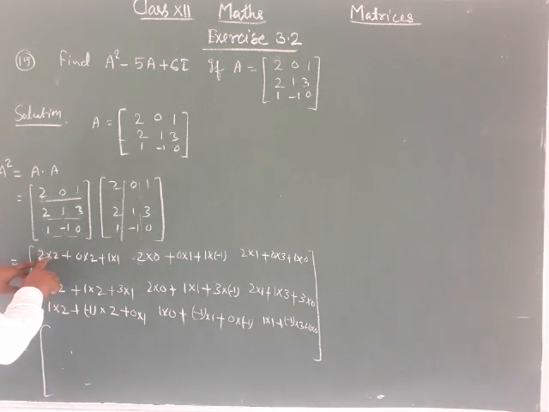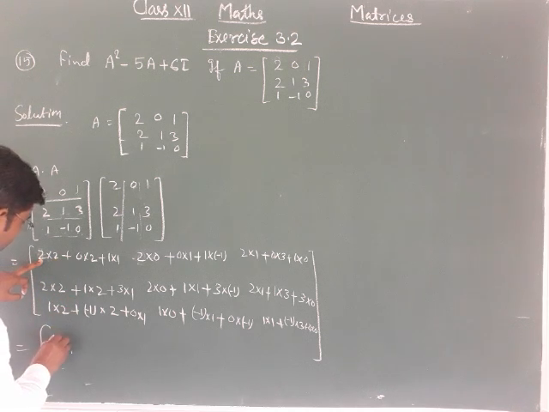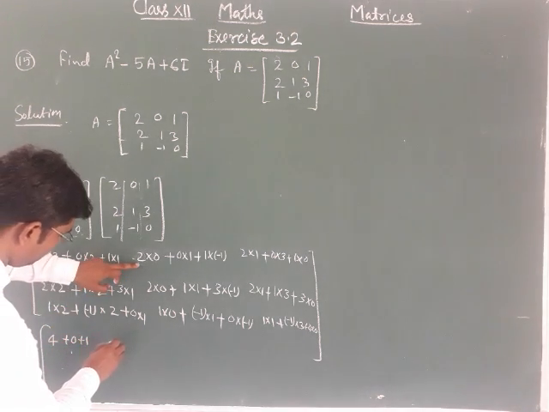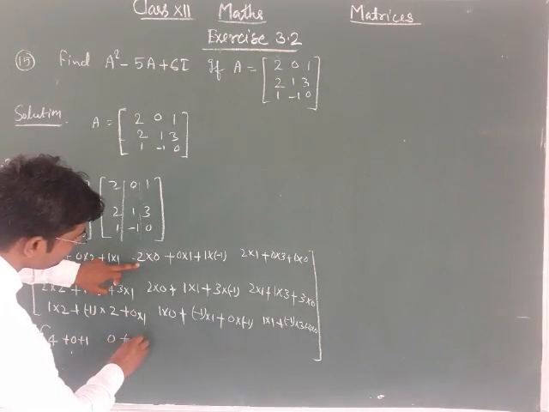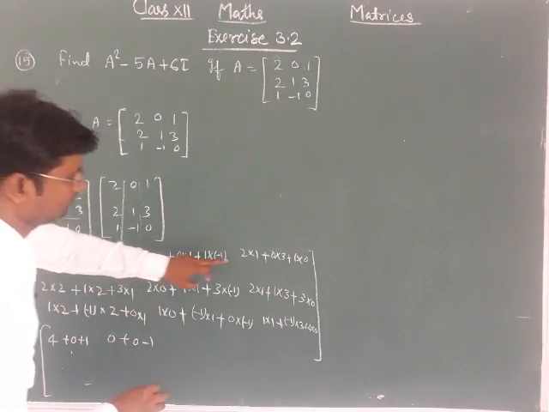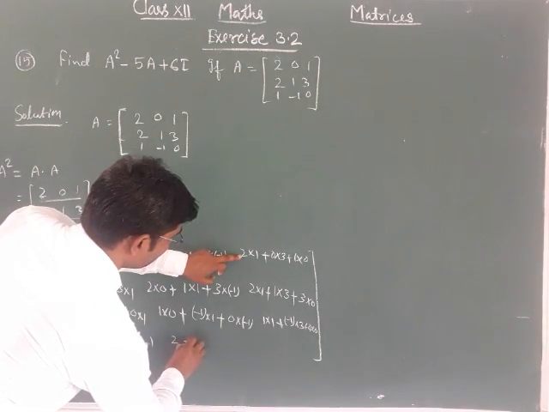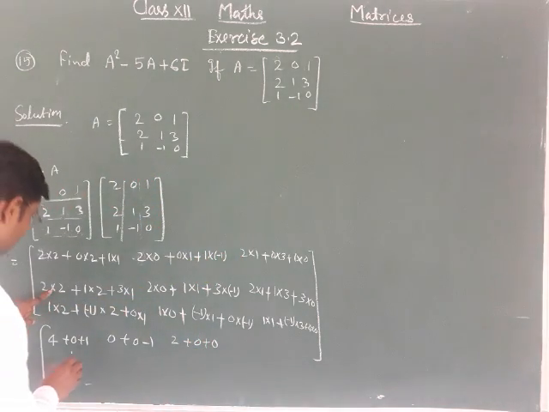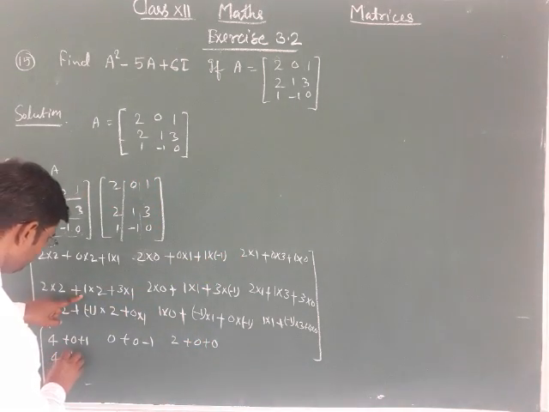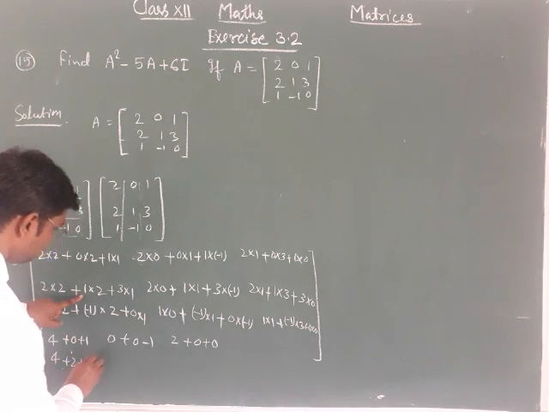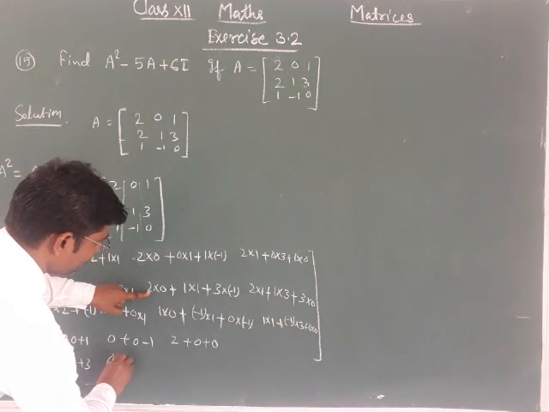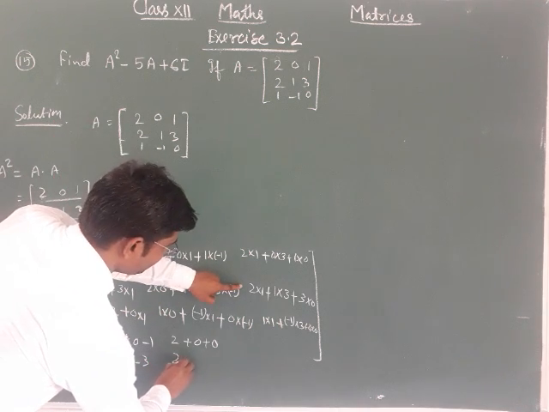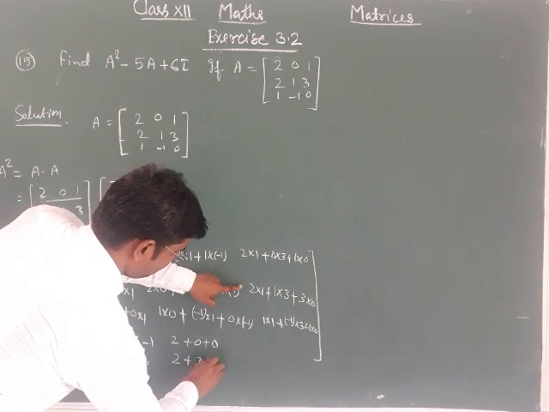So 2 into 2 is 4, plus 0, plus 1; and 0 plus 0 minus 1; and 2 plus 0 plus 0. Then 4 plus 2 plus 3; and 0 plus 1 minus 3; and 2 plus 3 plus 0.